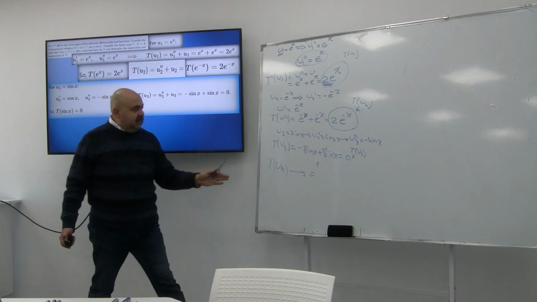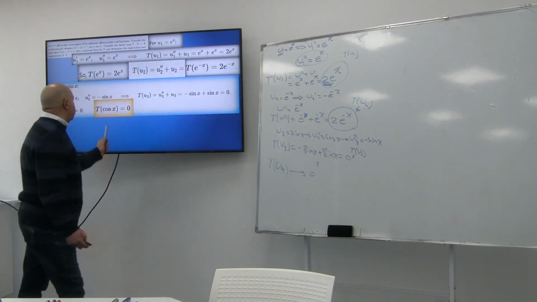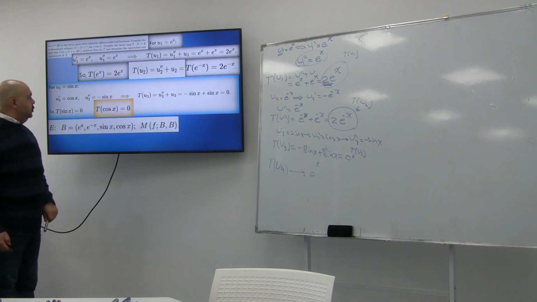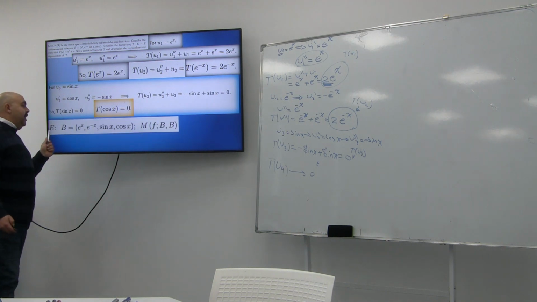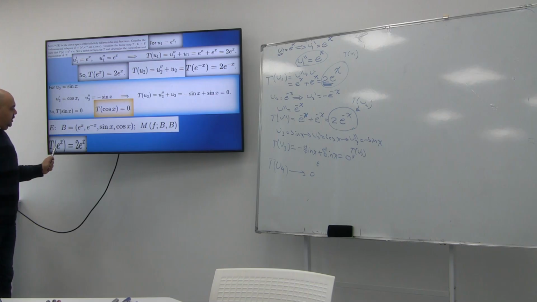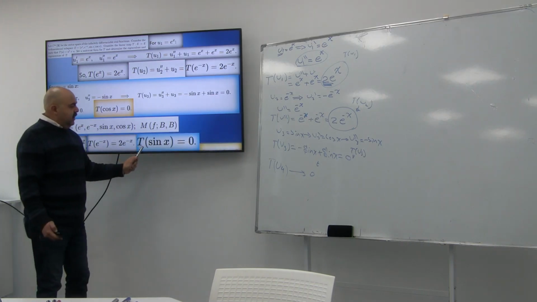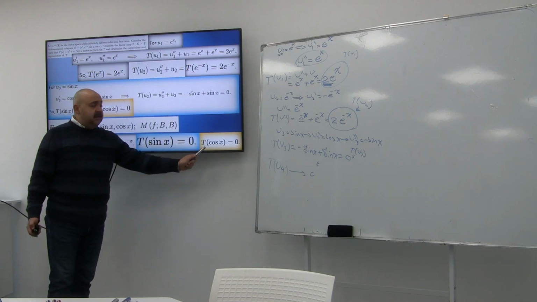So it's exactly the same as I told you here, it's 0. Similar manner for cosine of x as a transform. These are the results for T of e to the power x, T of e to the power negative x, T of sine x, T of cosine x.